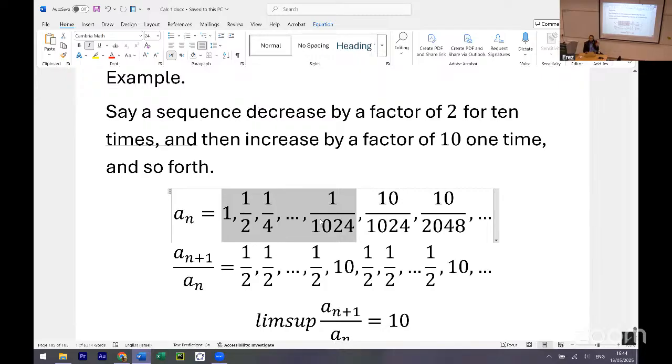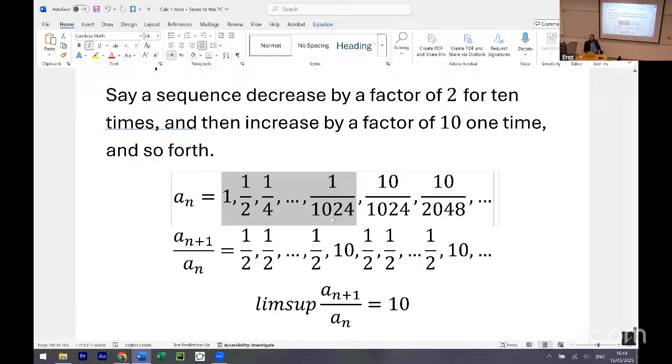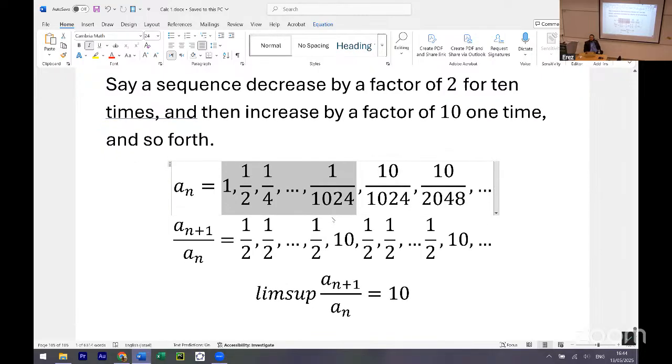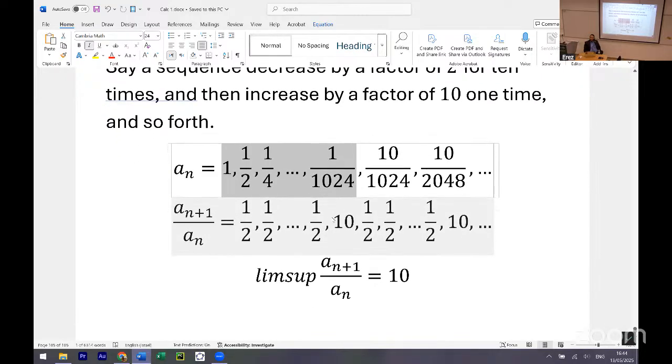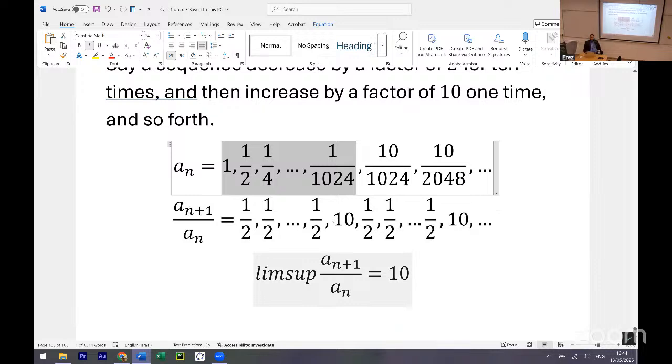I'm not 100% sure, but I'm pretty sure that would be quite low, and it will converge. That's an interesting question, but I'm pretty sure it's converging. Whether it converges or not, I didn't think the example through.